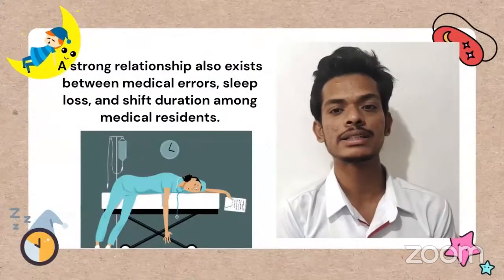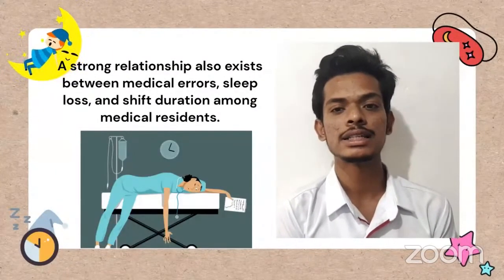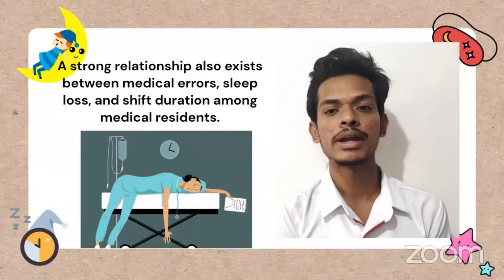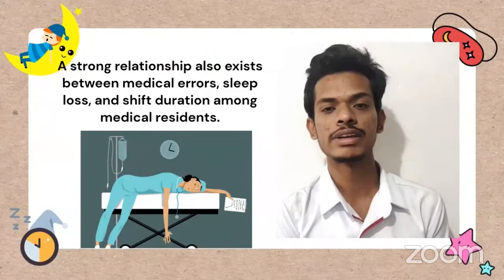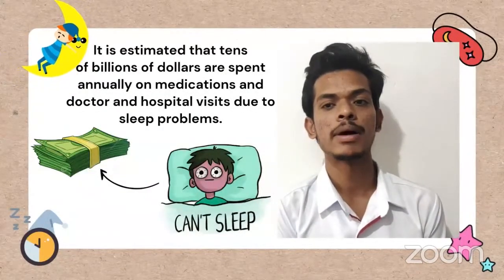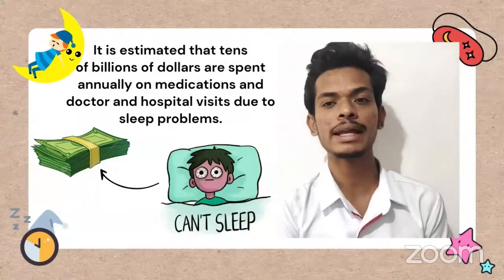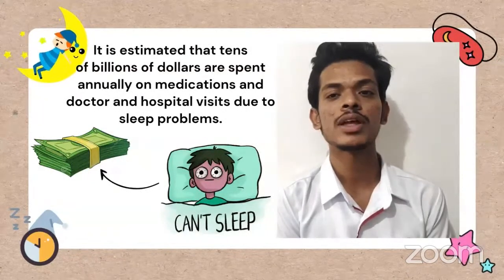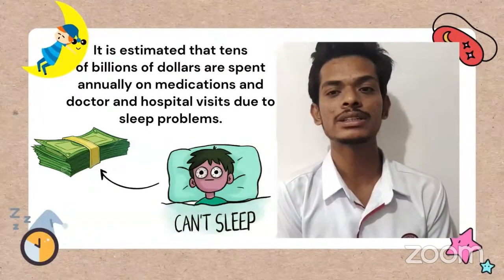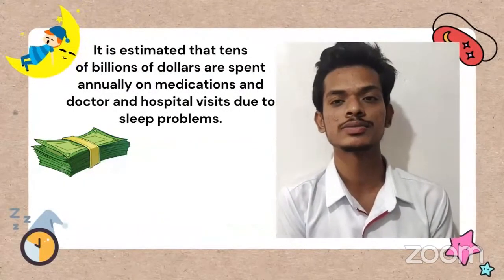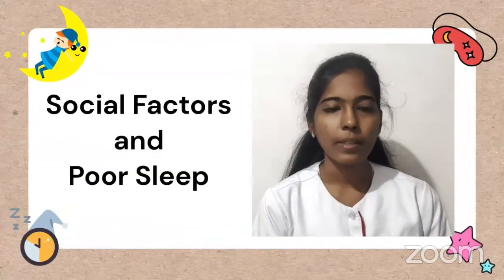A strong relationship exists between medical errors, sleep loss, and shift duration among interns, who may be required to work up to 96 hours in a week. The full economic impact of poor sleep is not known, but even when focusing only on medical care costs, it's estimated that tens of billions of dollars are spent annually on medications and doctor and hospital visits due to sleep disorders.